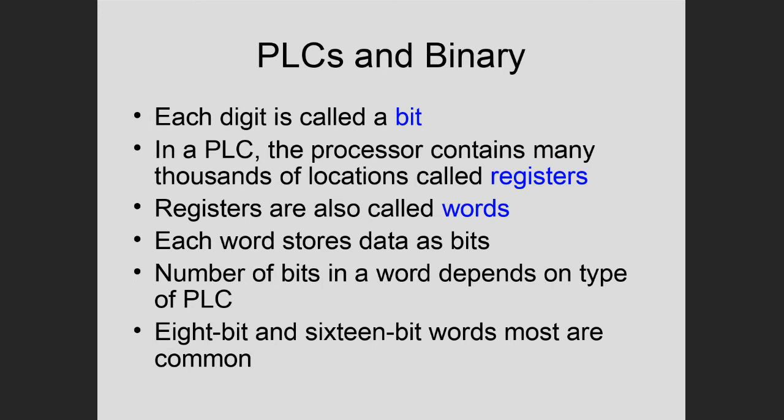So if you design a computer, you can make your word size whatever you want within reason. But what's important is that word sizes are always a power of 2. So you can have a word size of 2, a word size of 4, but you won't have a word size of like 15. Right? So word sizes are always some power of 2. And again, that's because of the binary number system that these machines are based on.